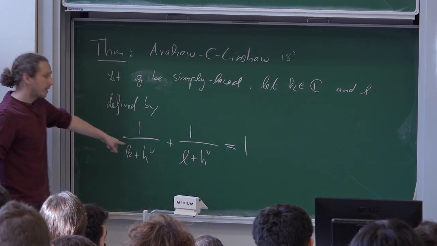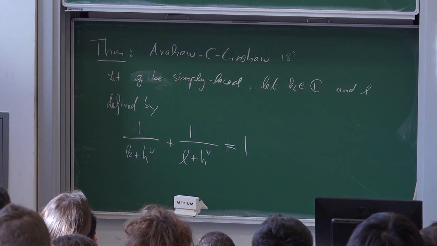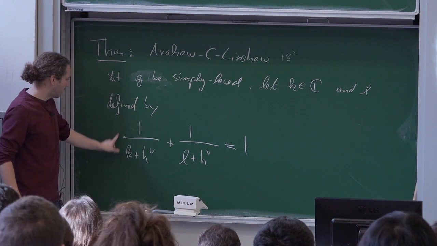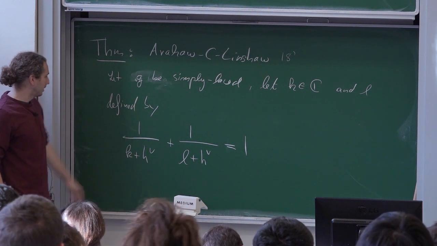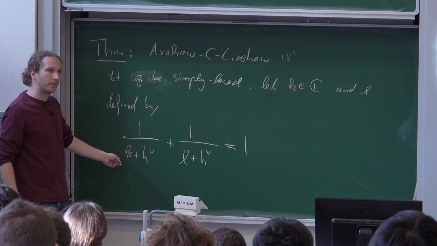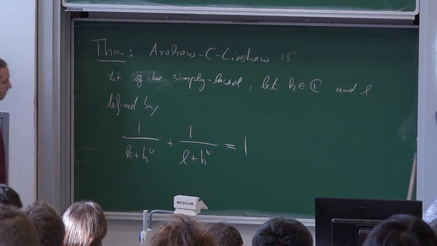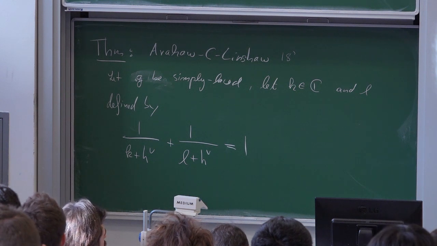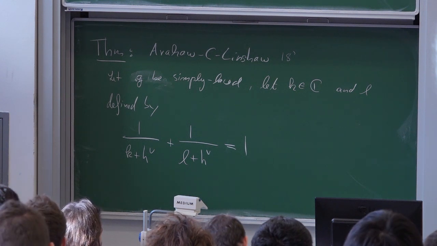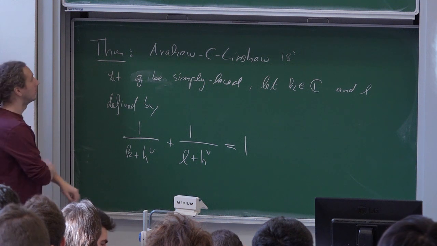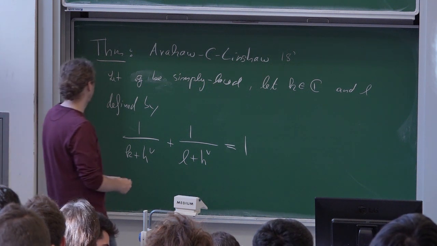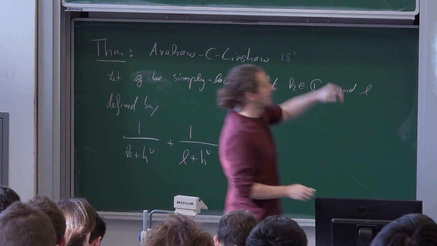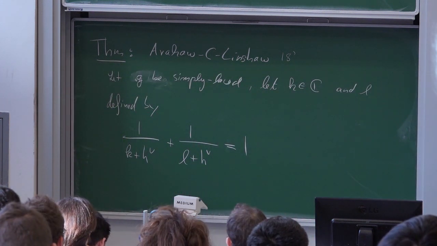So h check is the dual Coxeter number, which we have seen already in the Wess-Zumino-Witten lectures. The relation is that the sum of the inverses of the shifted levels add up to 1. It's a condition that might look like a surprise, but it is a very natural relation. Maybe you can leave this here, please, because I'll use it.